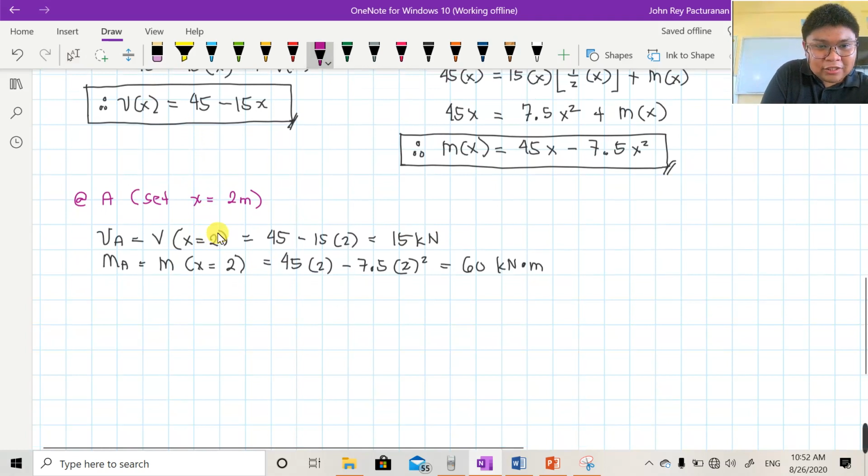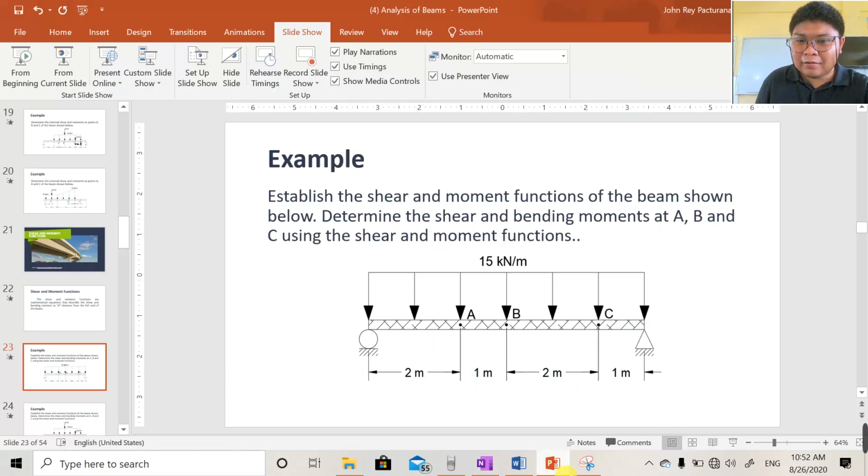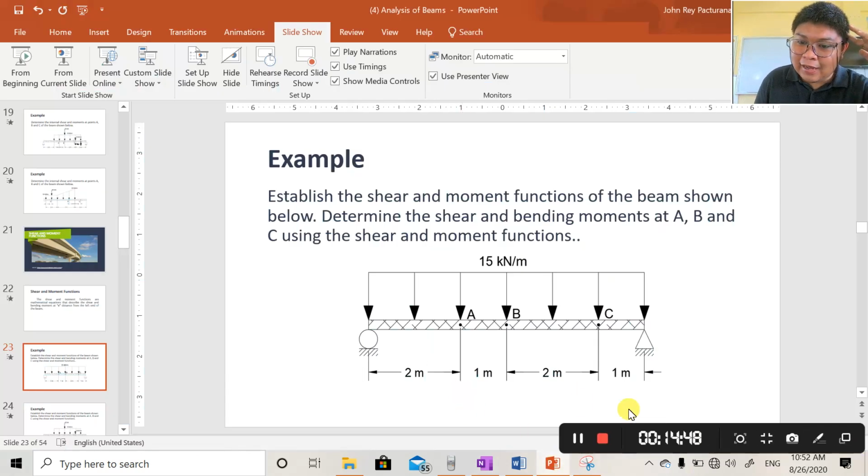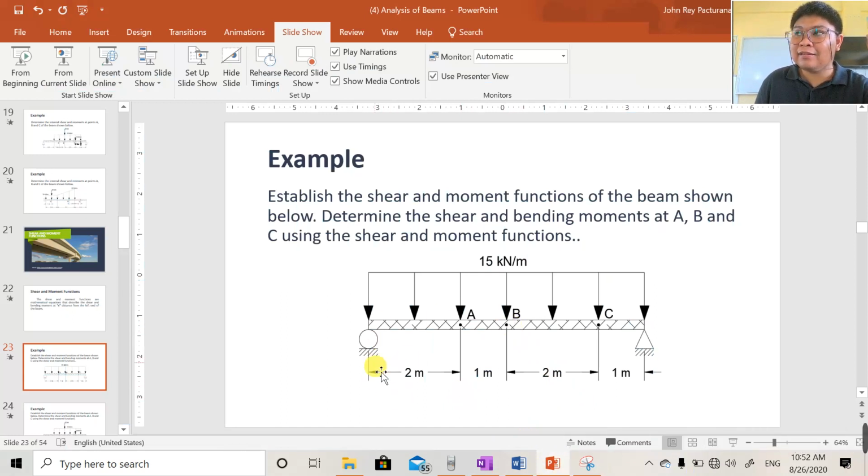So, anyway, let's continue to B. This time at B, let's go back to the PowerPoint. How far is B from the left end? Remember this. From the left end, if it is 2 meters, and then this is 1 meter more, class, you set the value of x at B to 3 meters.